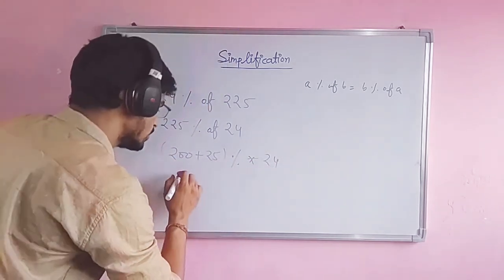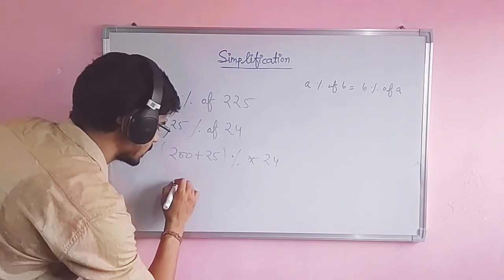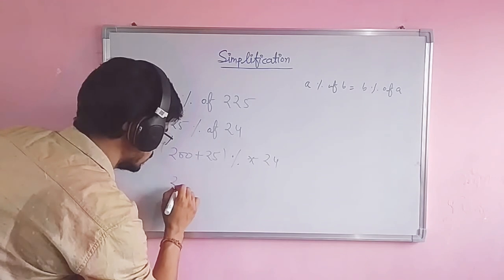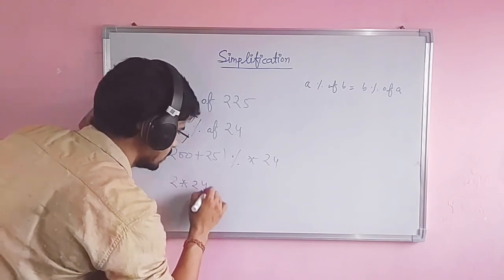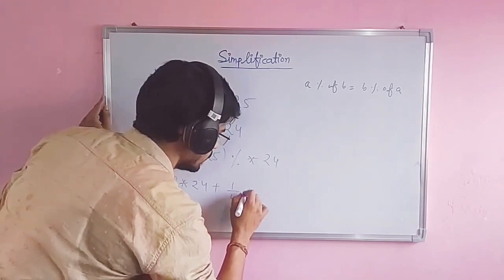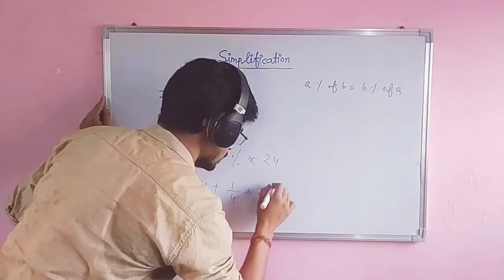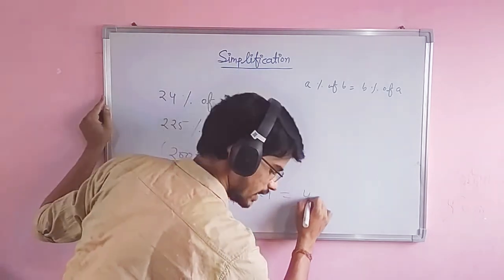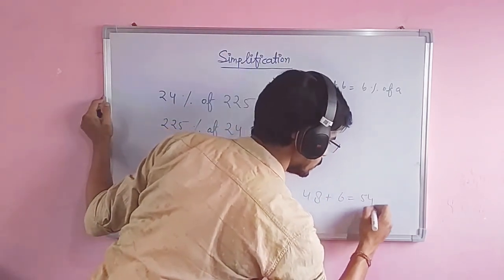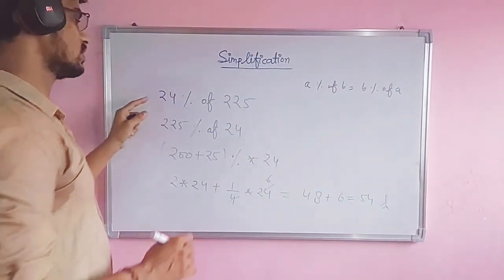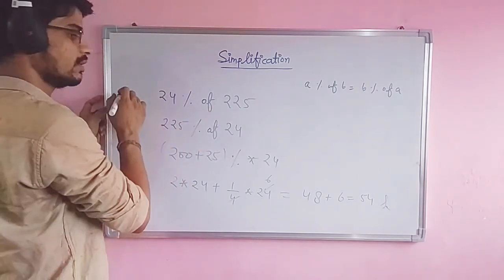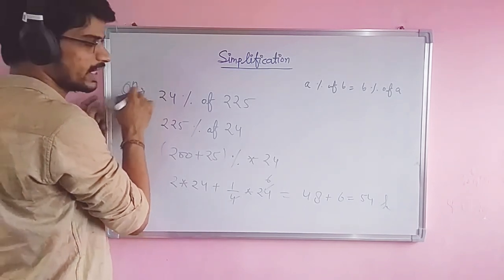Here 200% is written as 2 multiplied by 24, plus 25% written as 1 by 4 multiplied by 24. Here 6 times, here 48 plus 6 is equal to 54. So 24% of 225 is 54. Clear? I hope you are getting my point.